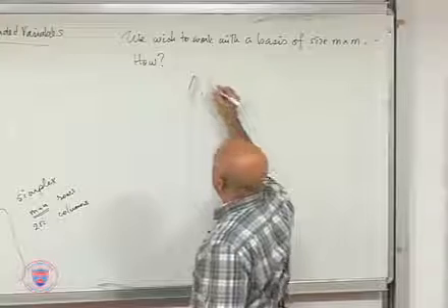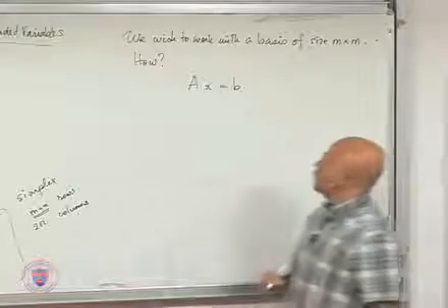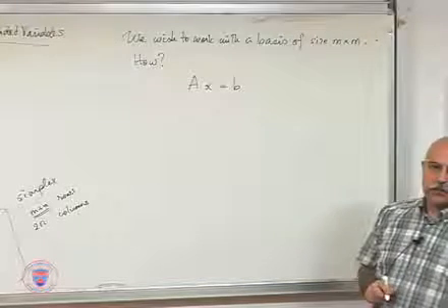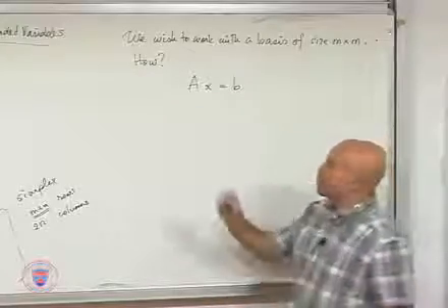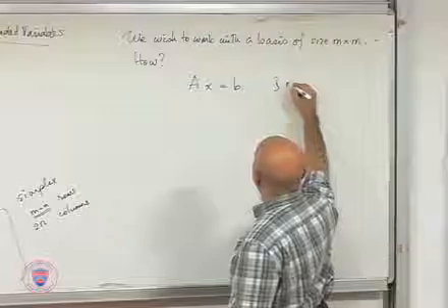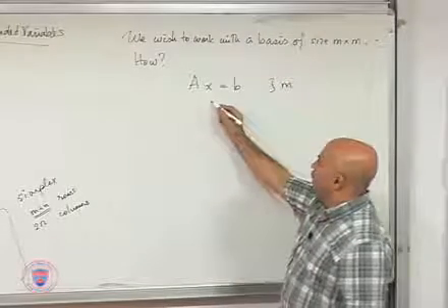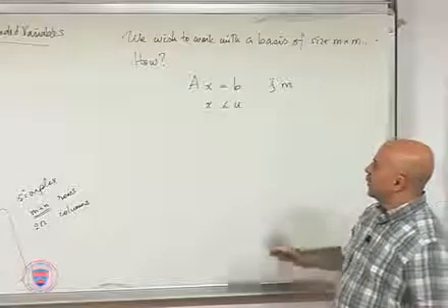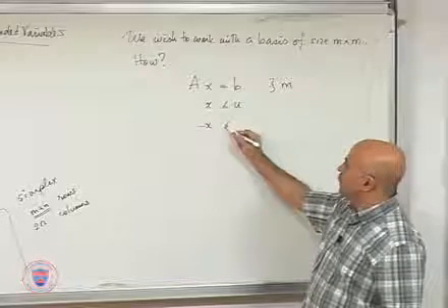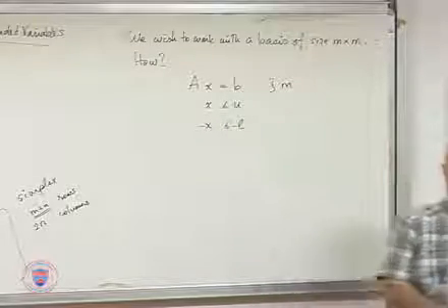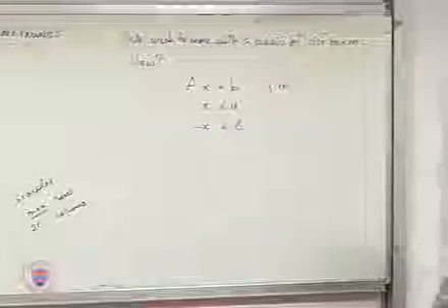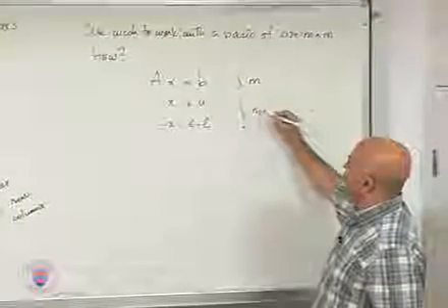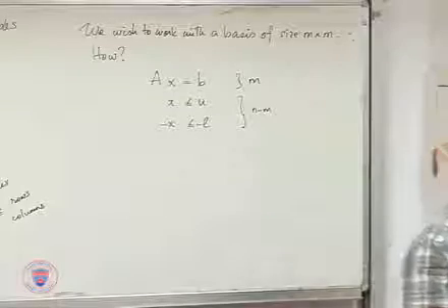So here's the basic idea. For an extreme point, how many binding equations do you need? You need n equations. Okay, so m of them will come from here. And then you've got inequalities of this form, and then also inequalities of the form x greater than or equal to L. So you need a total of n minus m equations from this part.